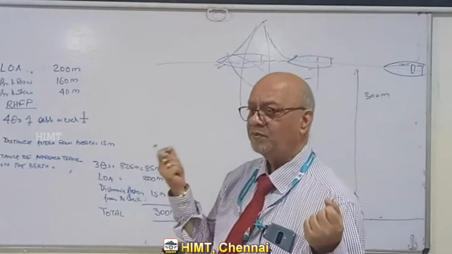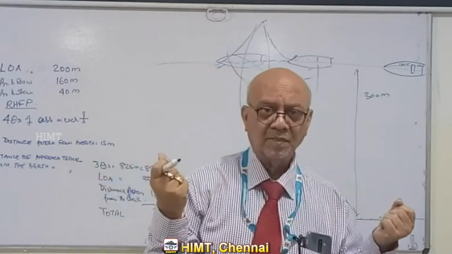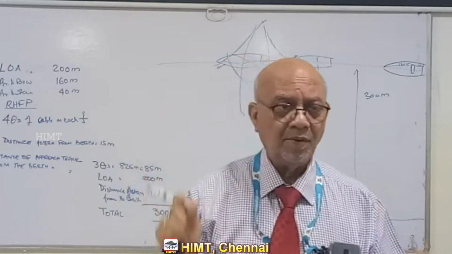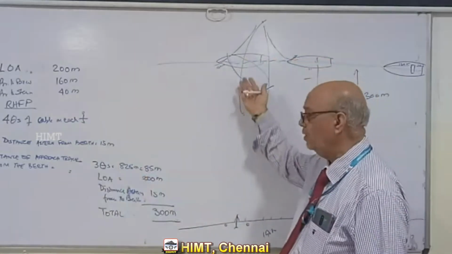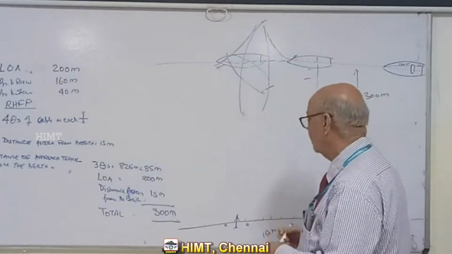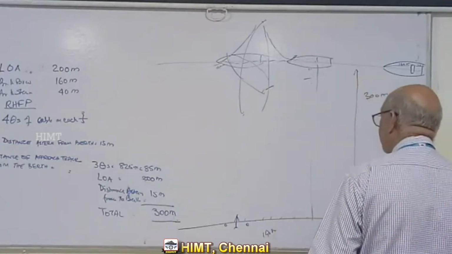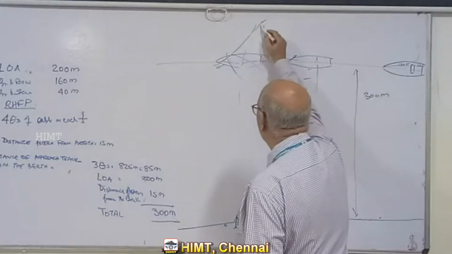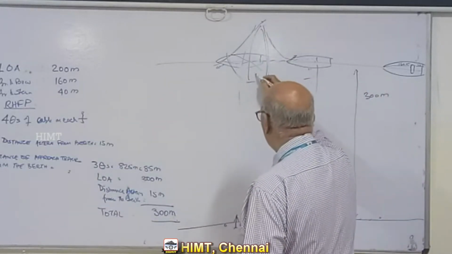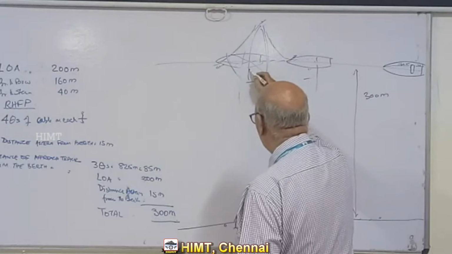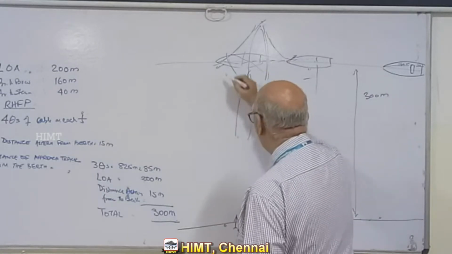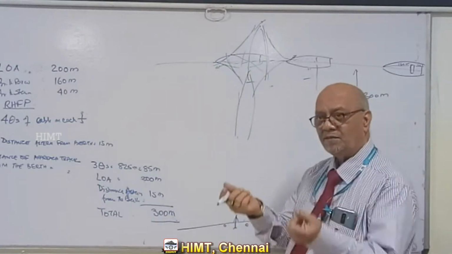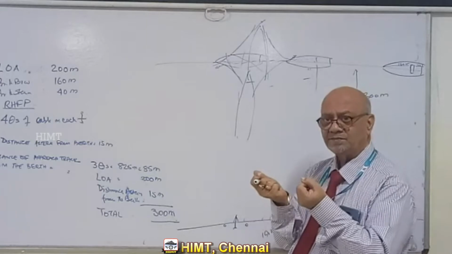Now both the anchors are on brake, and not in gear, only on brake. When you touch the stern, go astern. What will happen? So I come astern. Now this cable will start stretching like this.